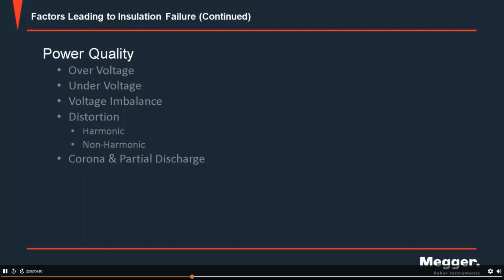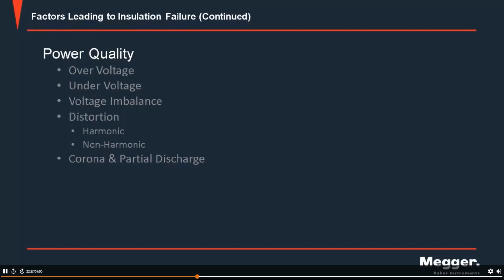And of course, corona and partial discharge is another thing that we need to be aware of when it comes to damage in our installations. Probably not in the power quality, although voltage level does contribute to the presence of partial discharge. It really should be its own bullet under power quality. It comes down to the design of the motor.